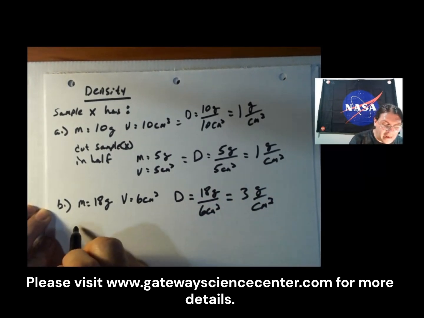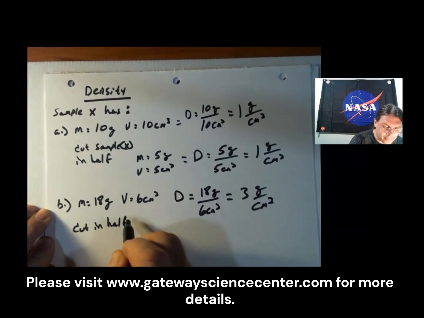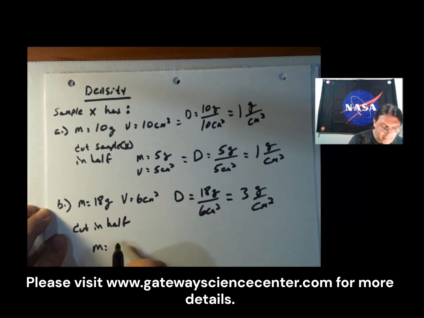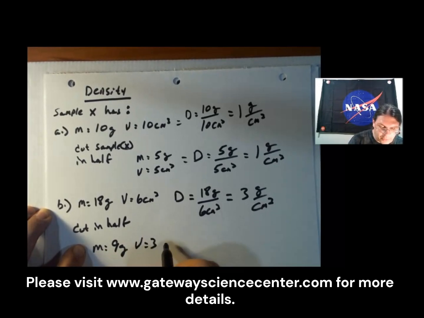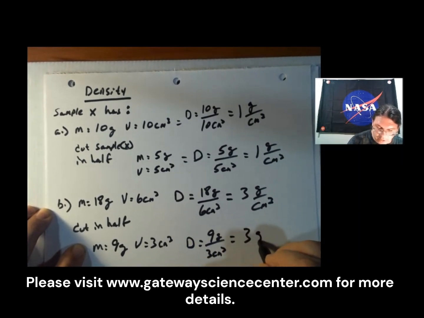If I cut that in half, then my mass became 9 grams and my volume became 3 centimeters cubed, so the density is 9 grams over 3 centimeters cubed. That gives me 3 grams per centimeter cubed.